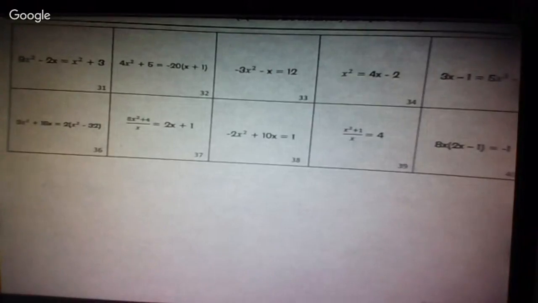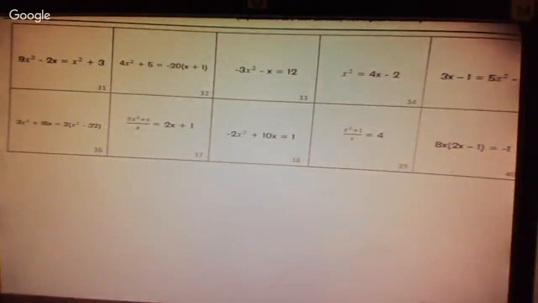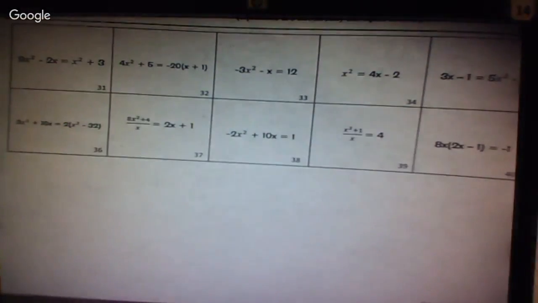So that means that this one goes in the 2 real solutions. If you need a picture of this, so you remember how to do this last page, you already know. Make it equal 0.